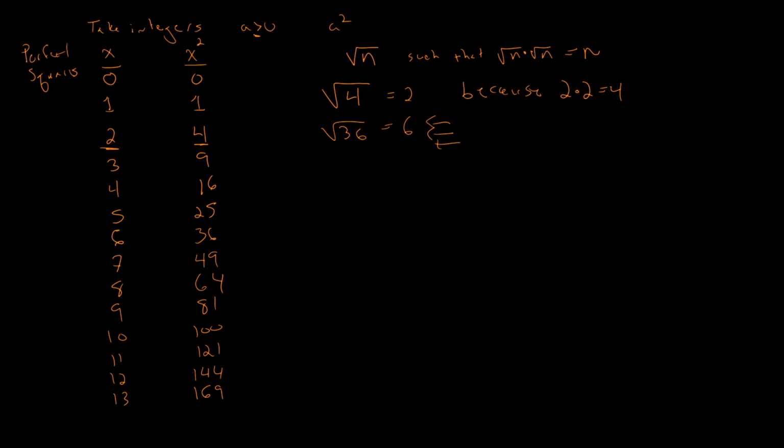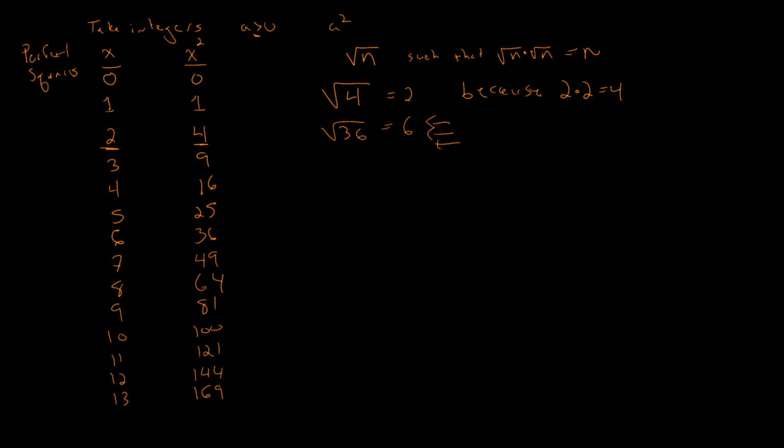But look at the gaps in here. There's nothing between 0 and 1, but we've got 2 and 3, 5, 6, 7, 8, 10, 11, 12, 13, 14, 15. And so this creates, in the gaps, irrational numbers. And we're going to look at those irrational numbers and how we can represent them.